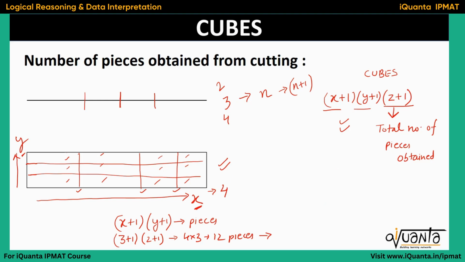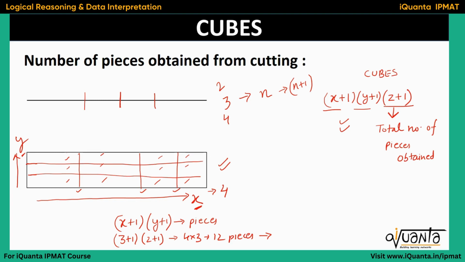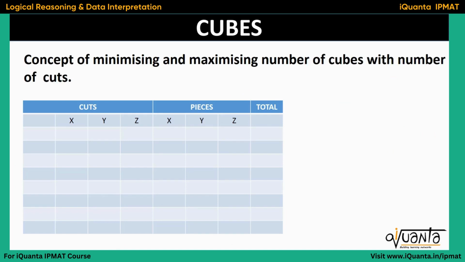Now let us consider the concept of minimizing and maximizing the number of pieces obtained by a fixed number of cuts that we learned in the previous slide. If you have been given 5 cuts, how should those cuts be made so that you can generate the maximum or minimum number of pieces? So we'll learn minimizing and maximizing the number of cubes with the number of cuts.